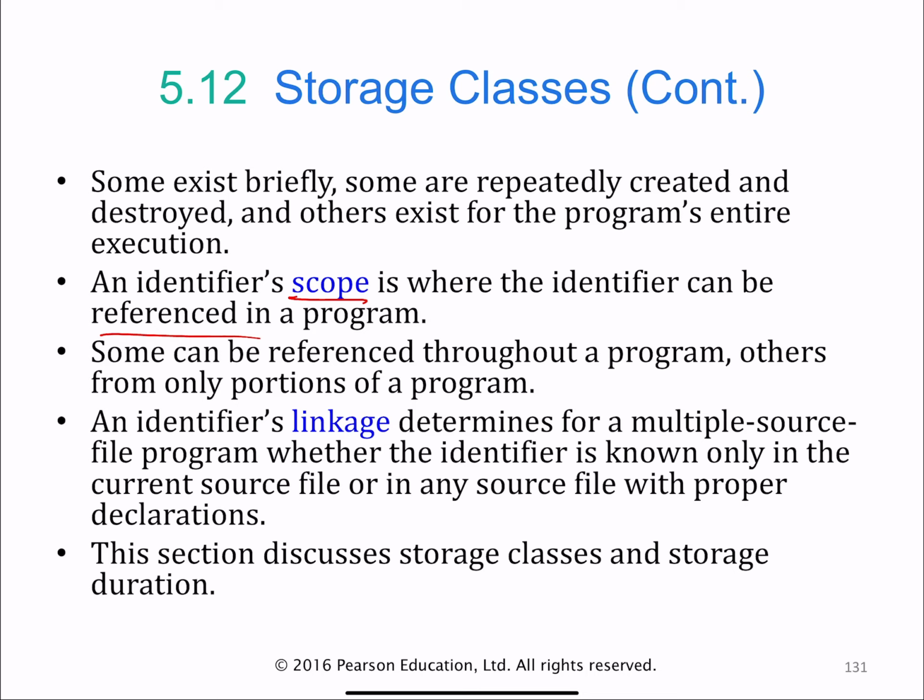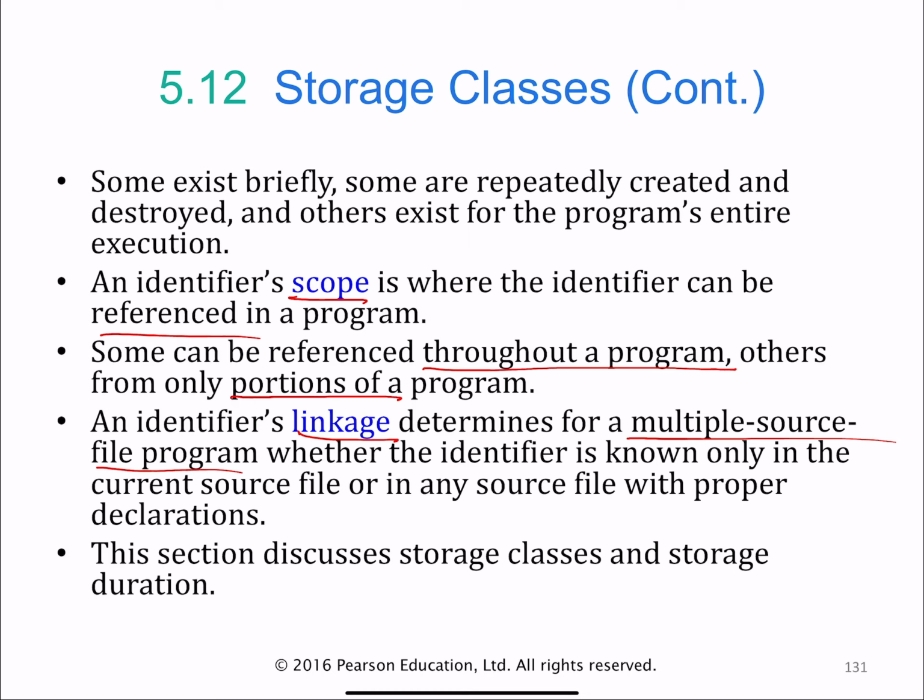So the variation of scope is such that some can be seen or can be referenced throughout the program, absolutely anywhere, while others can only be referenced in portions of a program. Now, linkage is a concept that we get to when we have programs that span multiple source files.